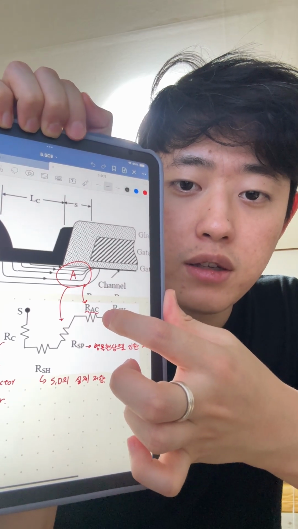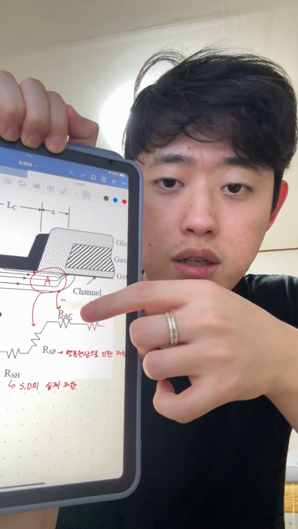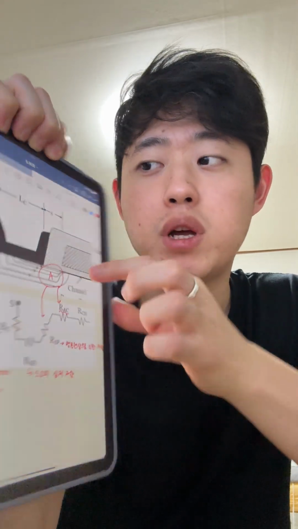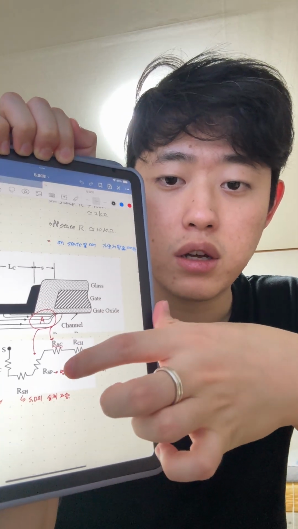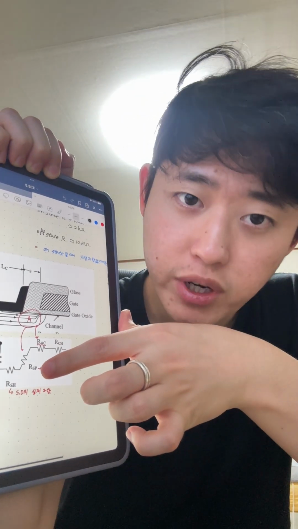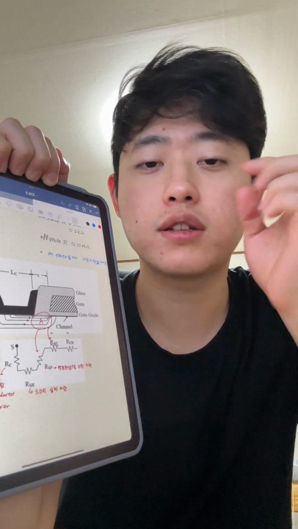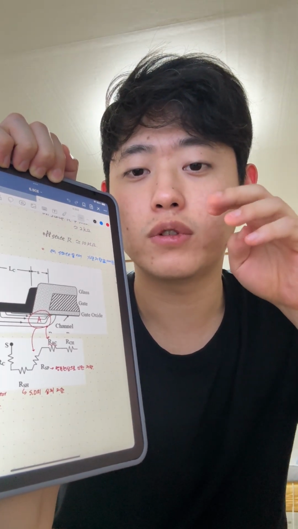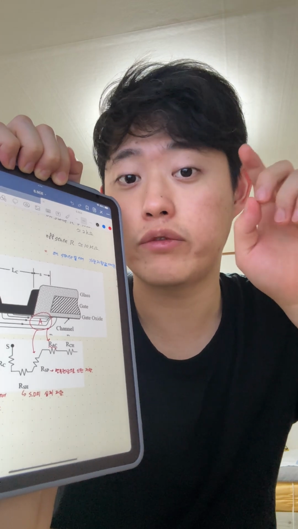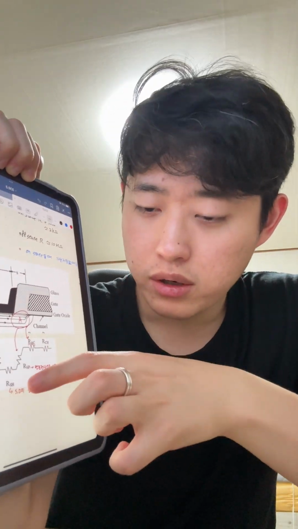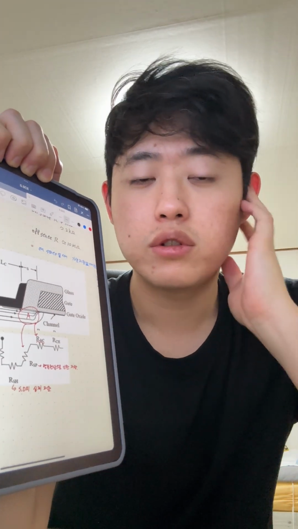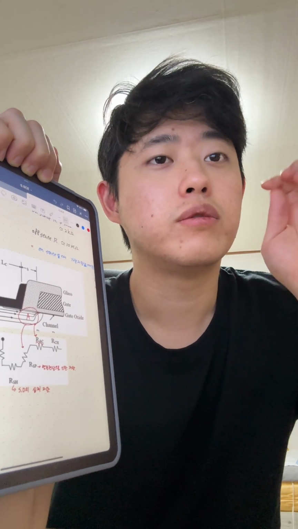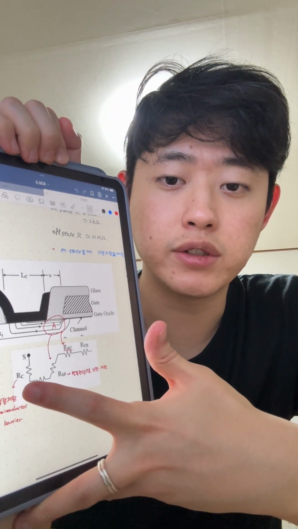So AC is the accumulation, and RSP, the spreading resistance, is the bottleneck effect, so that will have resistance. RSH is the source and drain resistance, and this is the contact resistance RC.